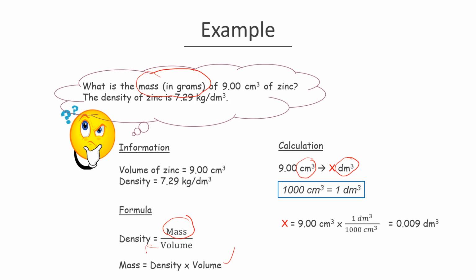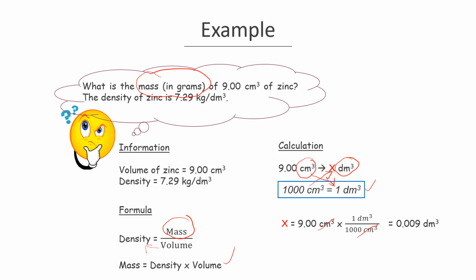So for x, you cross multiply: 1000 times x equals 9 times 1. Rearranging, x equals 9 times 1 over 1000. You cancel out the units, cm cube, so you will get 9 over 1000.